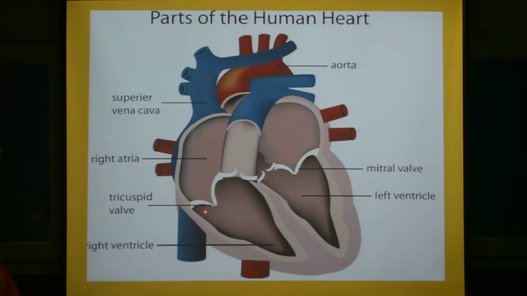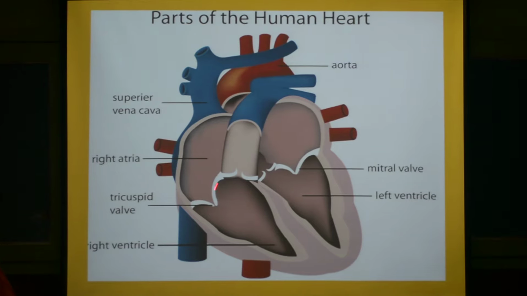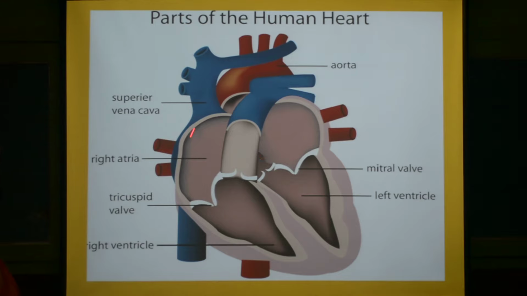Here there are two valves located on either side, the left and right side of the heart. So this is the auriculoventricular valve. These two valves are said to be auriculoventricular valves, as they are located in between the auricle as well as the ventricle. Coming to these two valves which are present here in between, they are nothing but the semilunar valves.